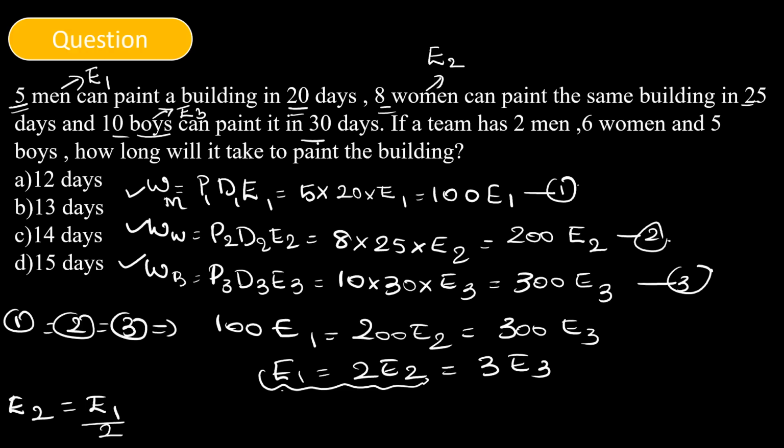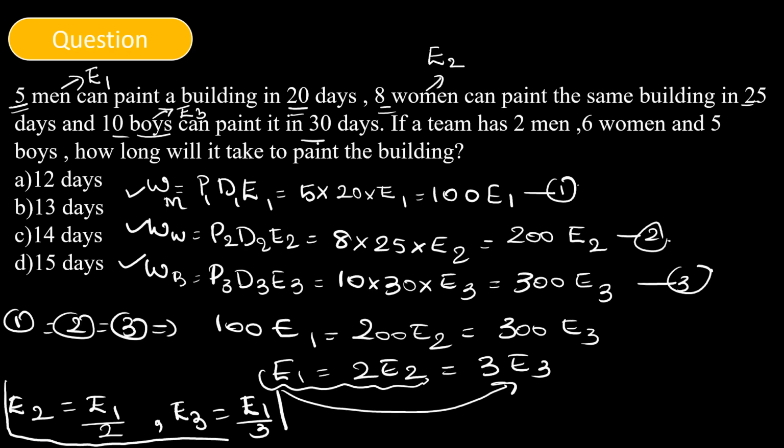And from these two equations, E1 and 3 E3, E3 can be written in terms of E1 as E1 by 3. These two equations we will use later, E2 and E3 in terms of E1. Okay, next we will see if there is a team that has 2 men, 6 women and 5 boys, how long will it take to paint the building?